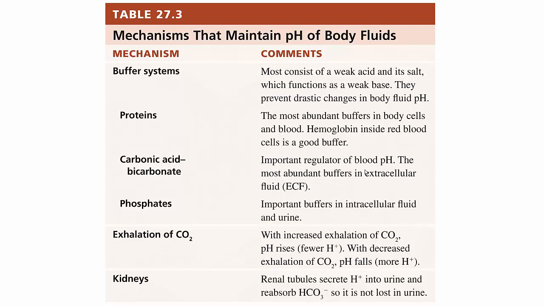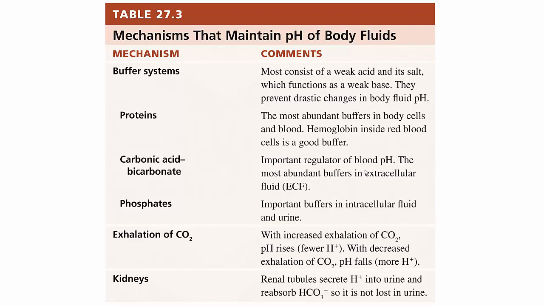Alright. We also see that the monohydrogen phosphate can act as a weak base. In your book and in the notes, it kind of shows you the framework. But again, the whole point of the buffer is to accept positive ions or to release them based on what needs to happen with the pH.